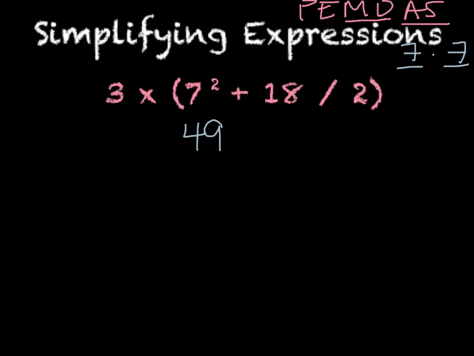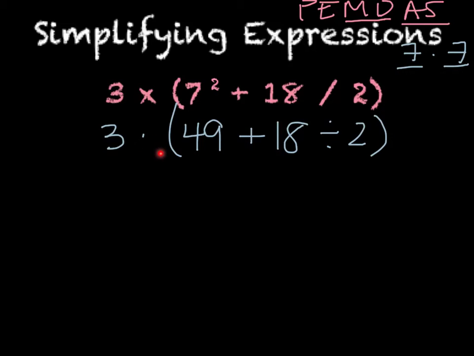Just as I've done with simplifying other expressions, I'm going to copy down every single thing that I find in the rest of the problem, except that 7 squared I'm going to replace with 49. That slash just means division. So now my expression looks like this. I no longer have any exponents, so I'm moving on to multiplication and division.